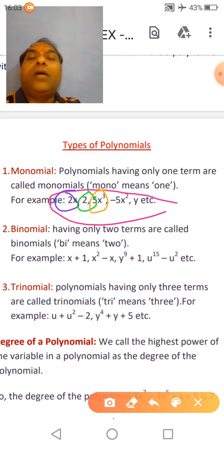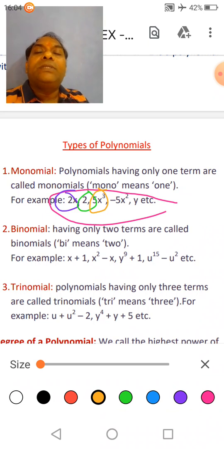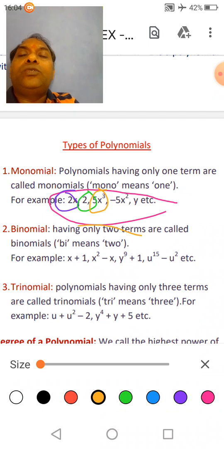Clear? Now next type, binomial. The polynomials having only two terms are called binomials. Bi means two. Clear?